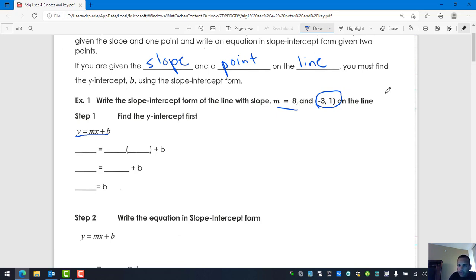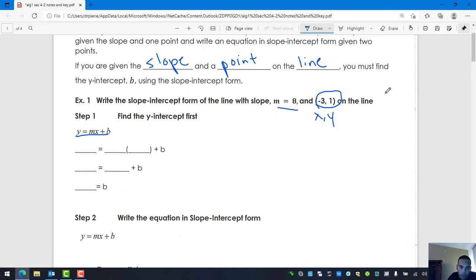So, as a reminder, whenever they give you a coordinate like this, it's two pieces. There's an x-coordinate and there's a y-coordinate. Okay, -3 in this case is x and 1 is equal to y. So what I can do is plug these numbers into this equation in order to solve for b. Okay, so the first part I see in y is equal to mx plus b is y. What is y in this particular point?